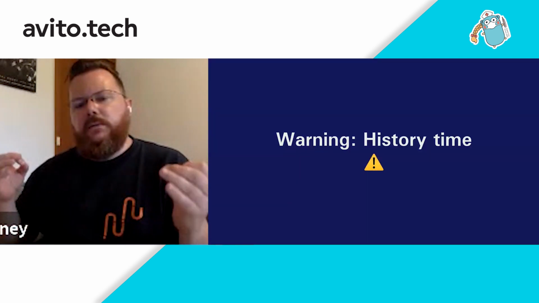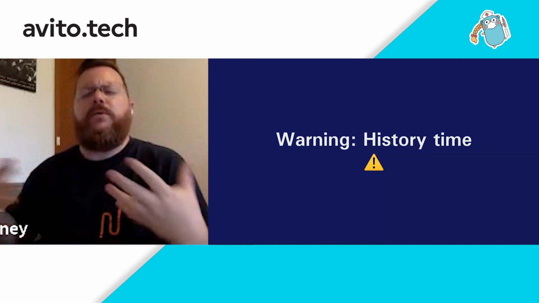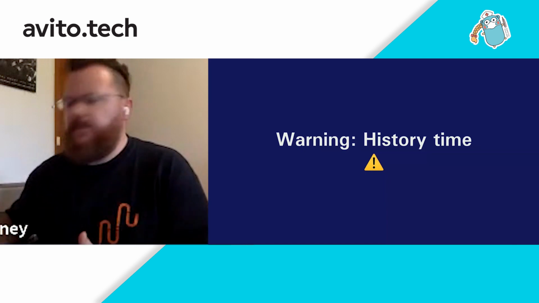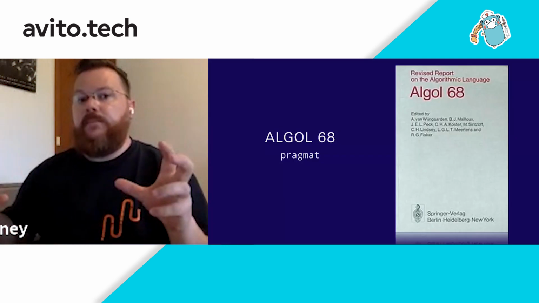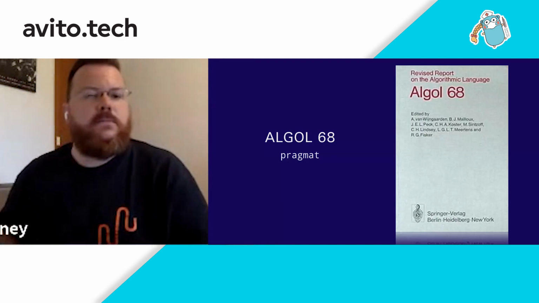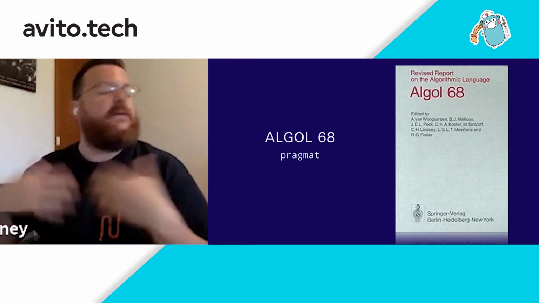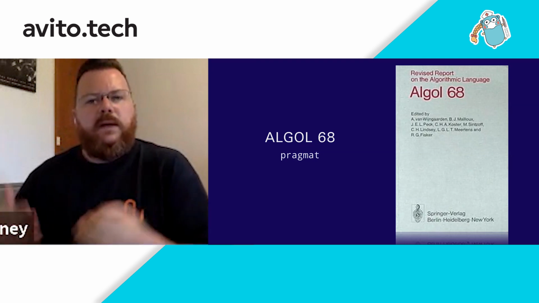And we can go back even further into history to find out what the word pragma means. The name that we take, pragma, comes from Algol 68, the first block-scope language, which C and Pascal and Go and many of the other languages that we use today descend from.